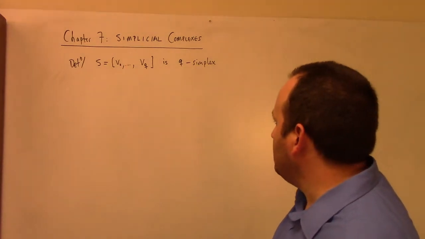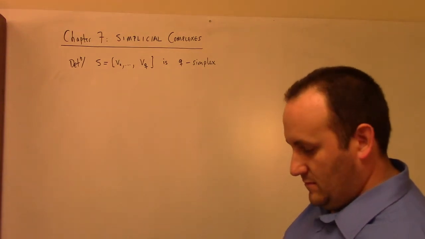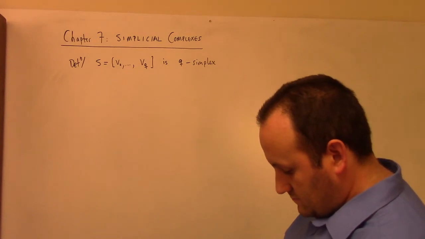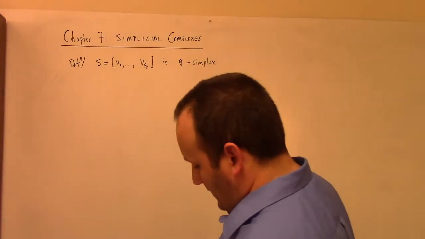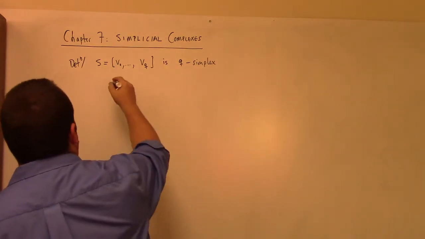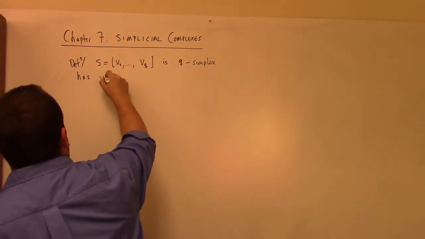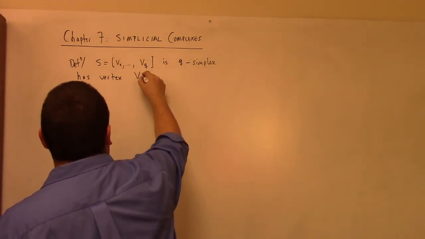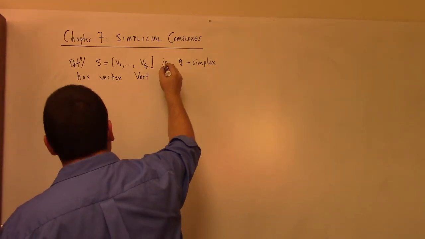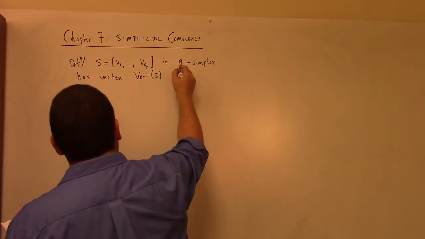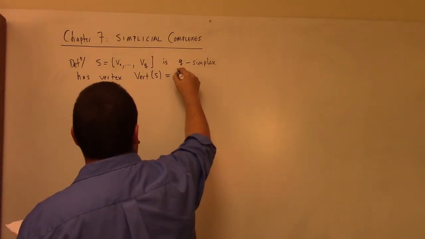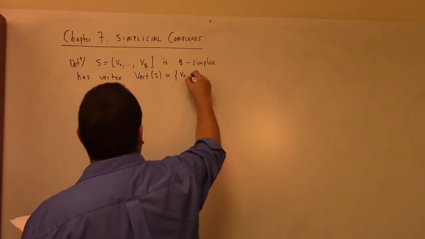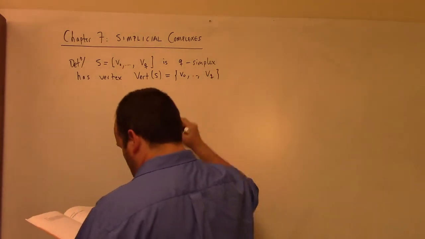Or I guess not affine, but the convex hull of those points. So this is a Q simplex, and we denote the vertex set. Basically, we're going to come back to that earlier discussion of concrete simplices, add a little bit more to it, and then eventually talk about how to do homology with this stuff. This is the so-called simplicial homology. But first we have to build up the simplicial complex, obviously. So there's its vertex set.